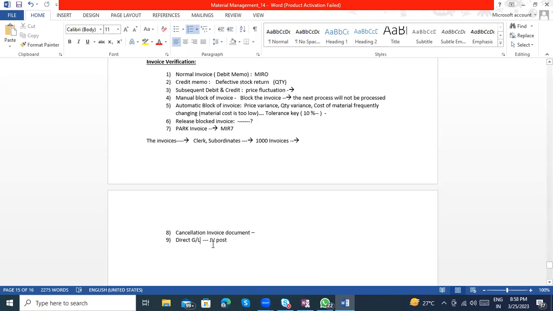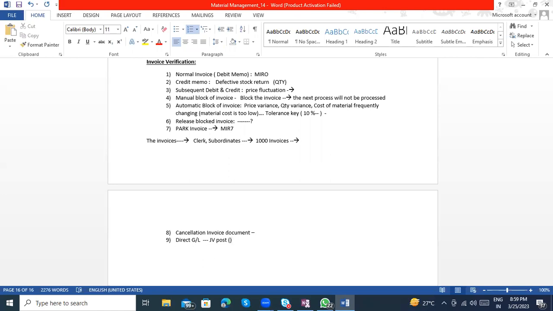But in this case, what will happen? Where the GL account value needs to be adjusted, maybe you want to post a debit or credit, you can do a direct JV. Generally this should not be performed, because if they unnecessarily post to the GL account value, that will cause inconsistency. But there is a process, we have direct JV also.